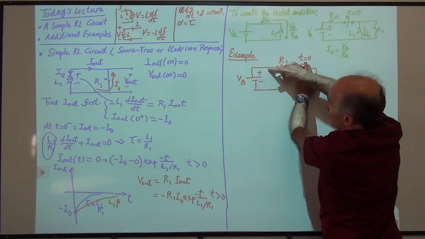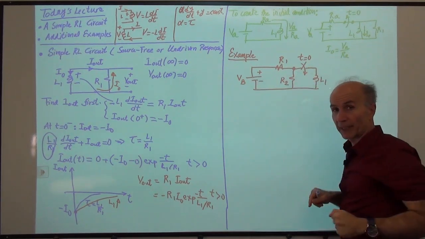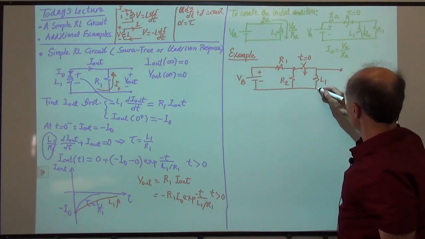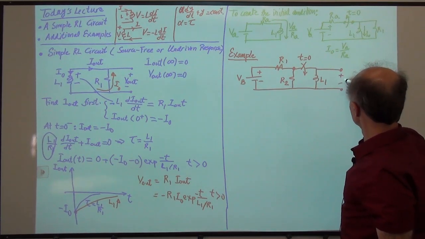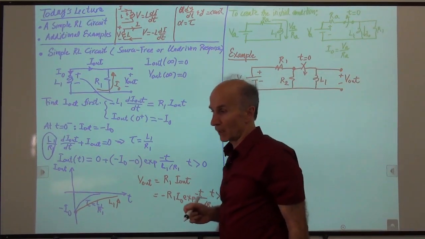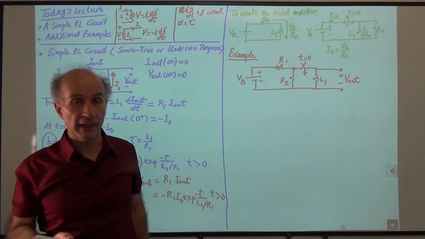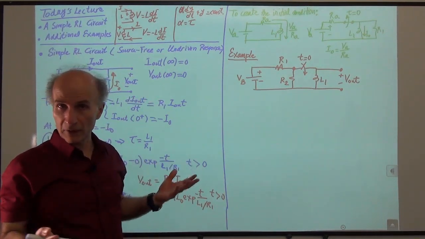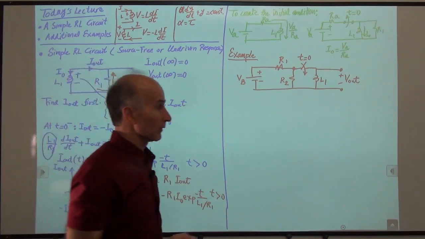This battery creates a current through this loop. That's all we have. For example, let's say the quantity of interest to us is this voltage here. So before time 0, Vout is 0 because there's nothing in the inductor. There's no current, no time variation, anything.